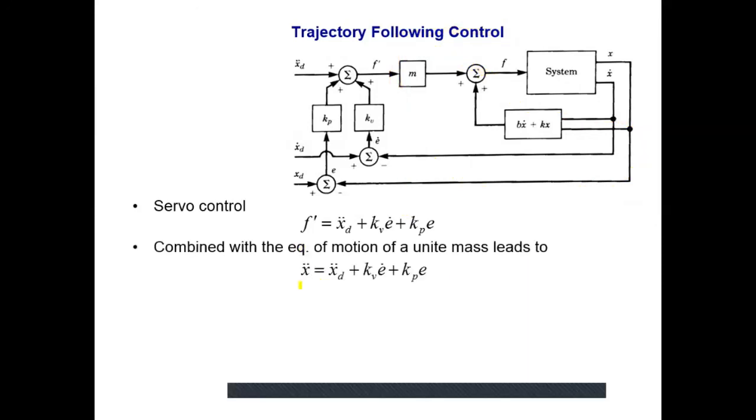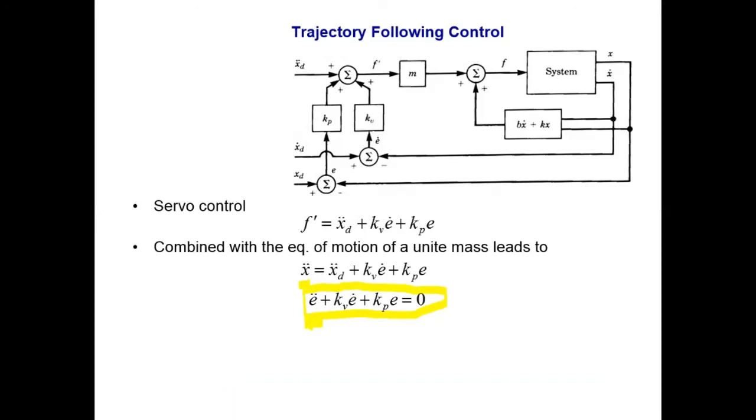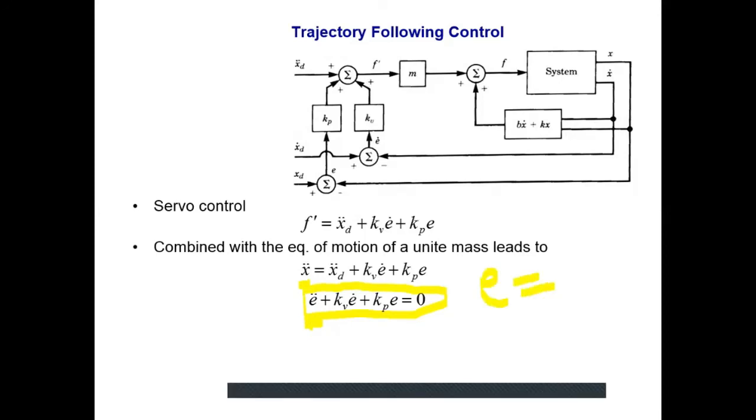Bring the x double dot to the right hand side, and we will get this expression, that is e double dot plus kv e dot plus kp e is equal to 0, where e is equal to x minus xd. So the steady state error is 0. Why? Because at steady state e double dot will be 0, e dot will be 0.